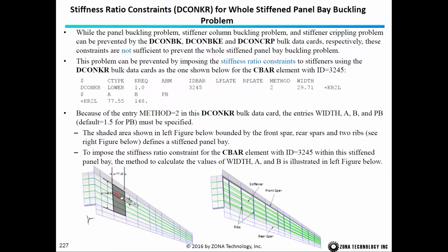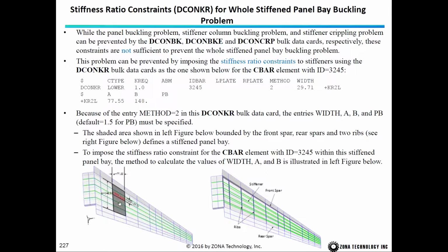So this stiffness ratio constraint means it will be the ratio of the bending EI of the CBAR and the stiffness of those two attached CQUAD elements.